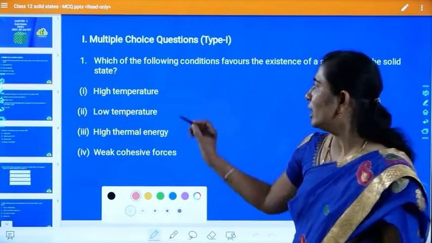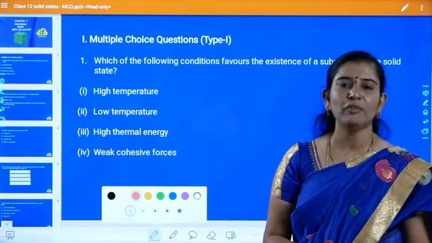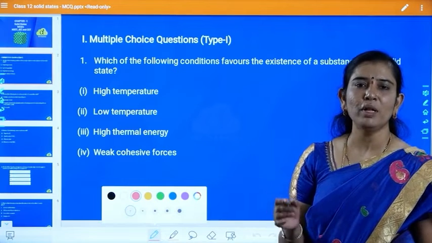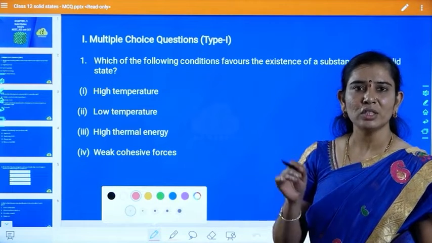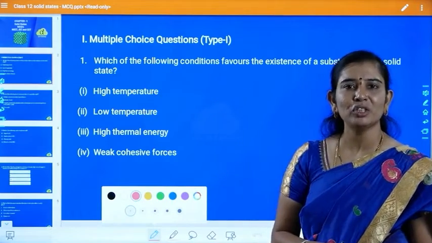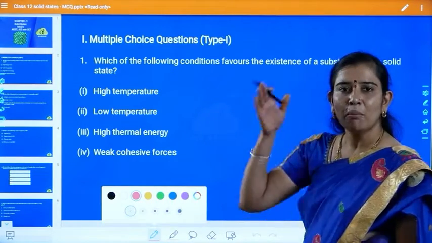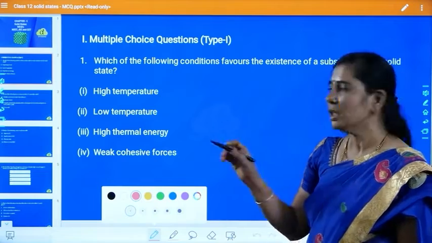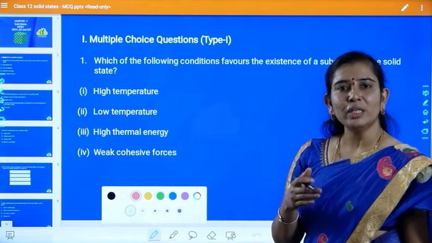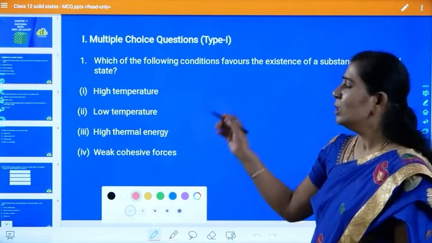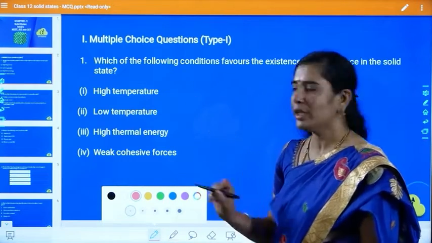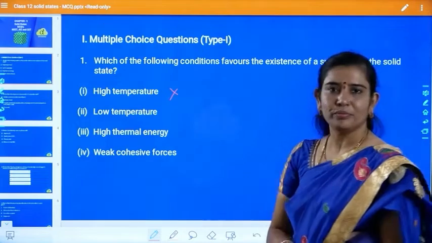You know very well, at high temperature, is it possible for a substance to exist as a solid? No, it is not possible. Because at high temperature, bonds between the constituent particles break up, so the individual constituents can move freely. So a substance cannot exist as a solid at high temperature. So this answer is wrong.